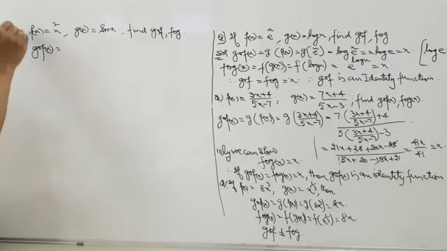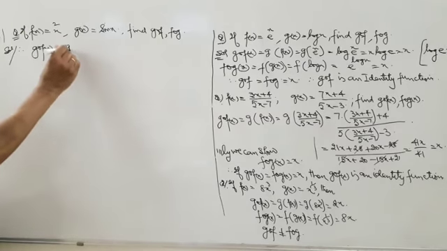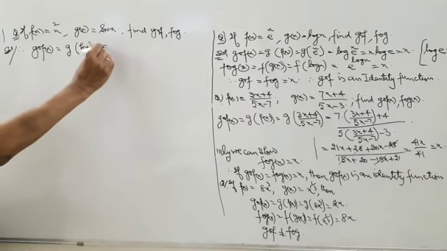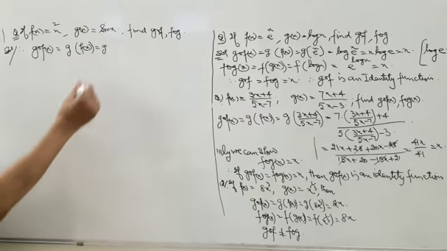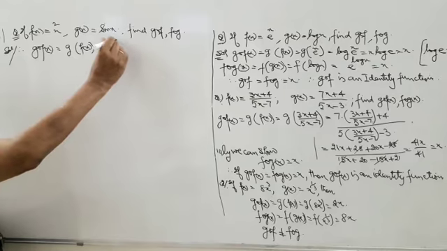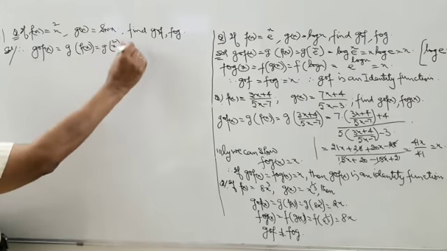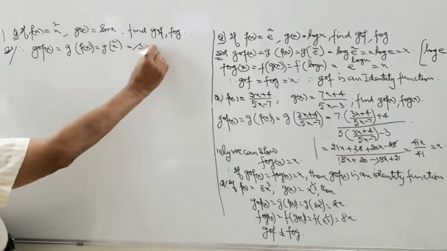In the solution, g circle f(x), g of f(x). f(x) means x square and this is g(x), so naturally it will be sin x square.